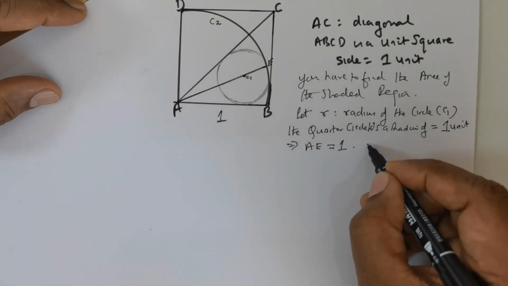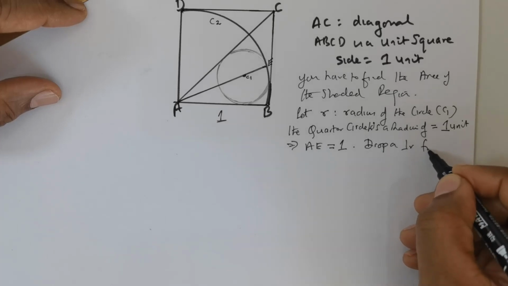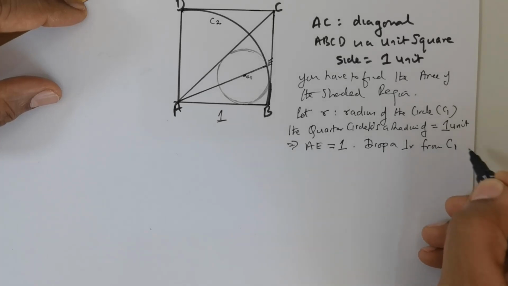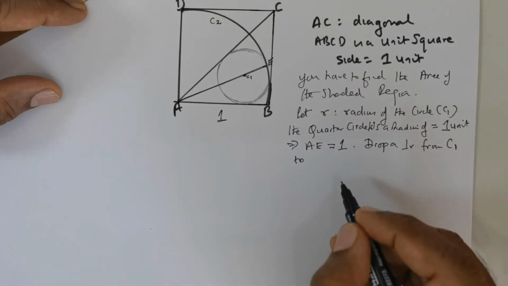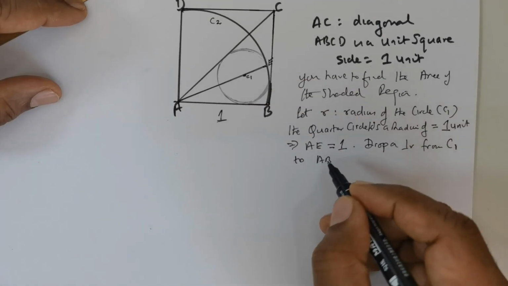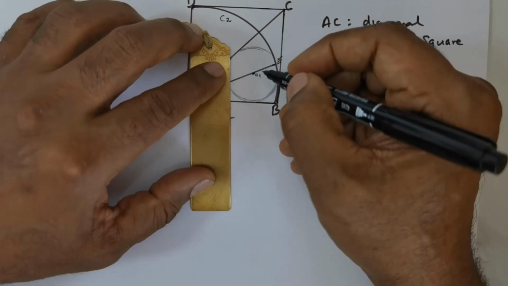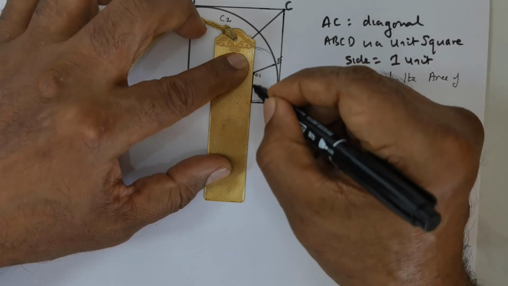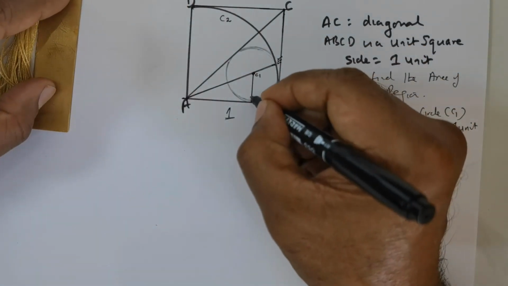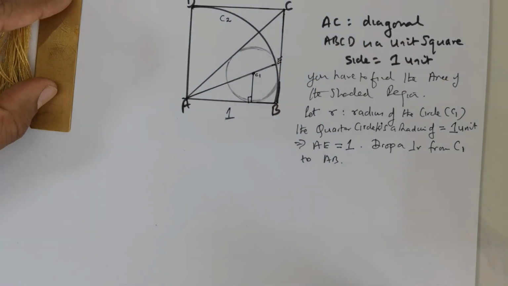Now what I wish to do next is drop a perpendicular from C1, I'm taking C1 to be the center, to AB. Now there is a point of tangency here, so that would mean this perpendicular which we are dropping is going to be making an angle of 90 degrees. This is a most popular theorem, the theorem involving the tangent to the circle.